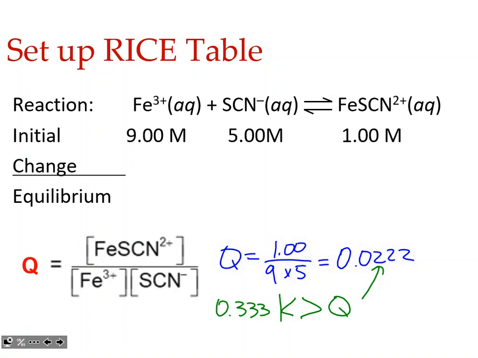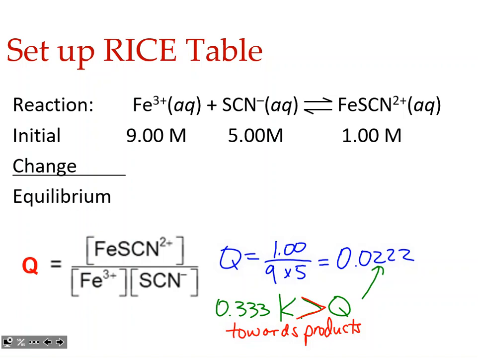So which direction does this reaction proceed? Follow the arrow towards the products. So we know the direction, very good. Can't just assume it, we have to calculate Q. We are going to do one later where it goes the other direction.